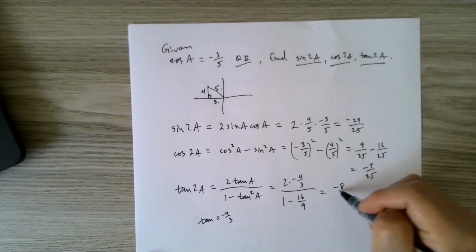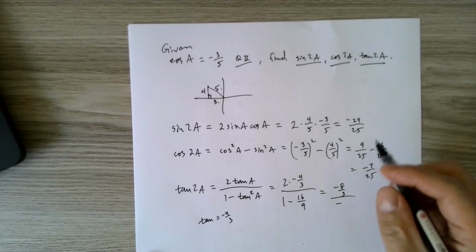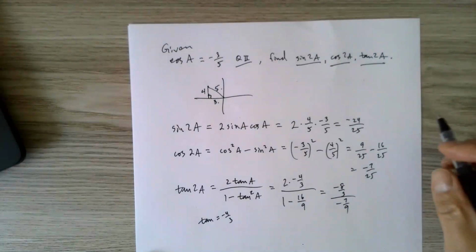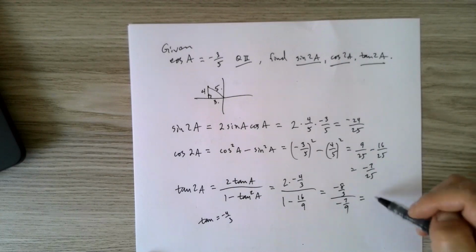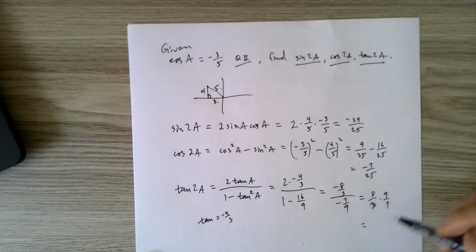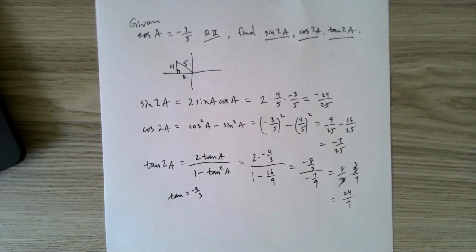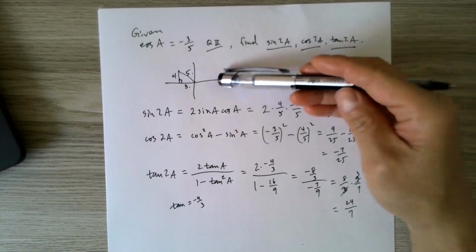So that's -8/3 over -7/9. And that'll be positive 8/3 times 9/7, or 24 over 7.